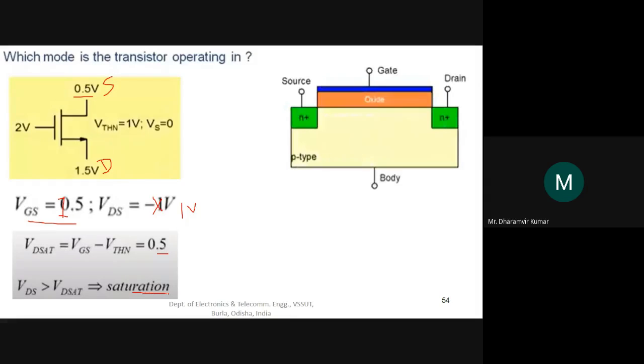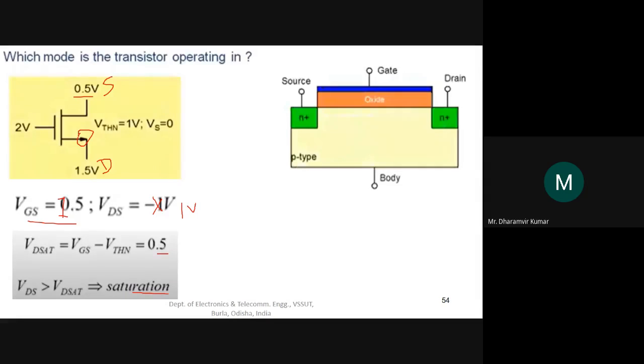So are you getting the things? Whether you connect this 1.5 volt here or here, or you connect 0.5 volt here or here, the device will not differentiate. This symbol is for our convenience. This is not affecting the device performance. The device is okay whether the current flows from source to drain or drain to source.